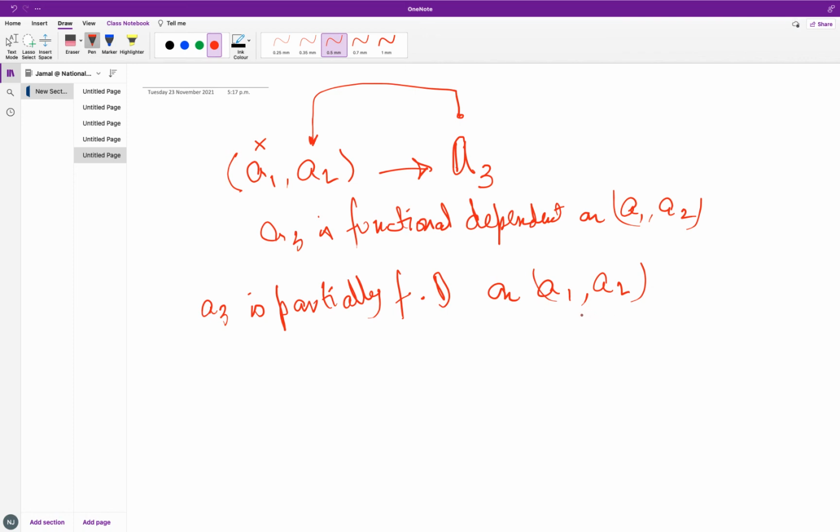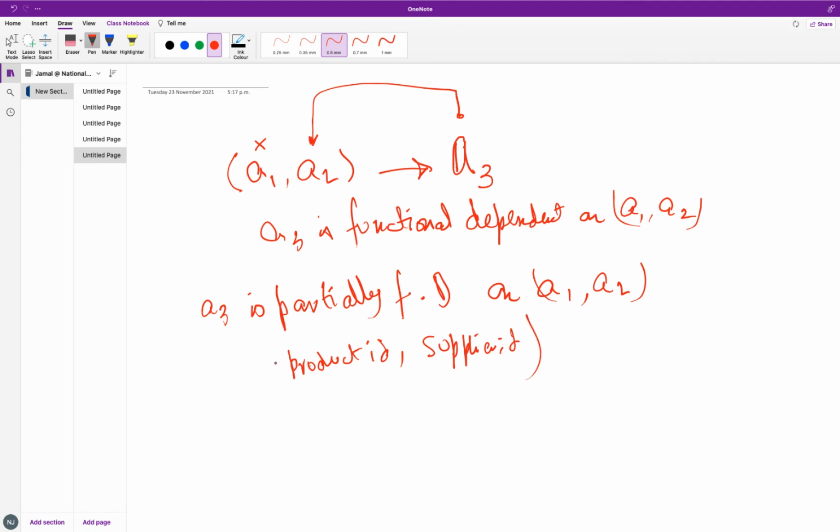In the exam, or even in the lecture slides, you can see different examples. We discussed partial functional dependencies and transitive functional dependencies. For example, I have a product ID and a supplier ID.